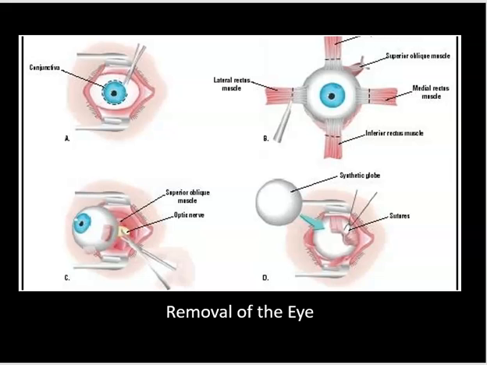Starting on page 449, we're going to look at removal of the eyeball. Now, immediately, I want you to just remember, anytime you see a word that you don't know what it means, you need to look it up. While on some certification exams, they allow you to bring a dictionary, others they don't.